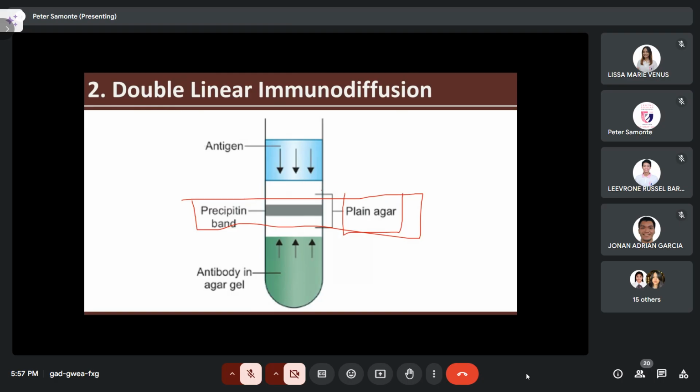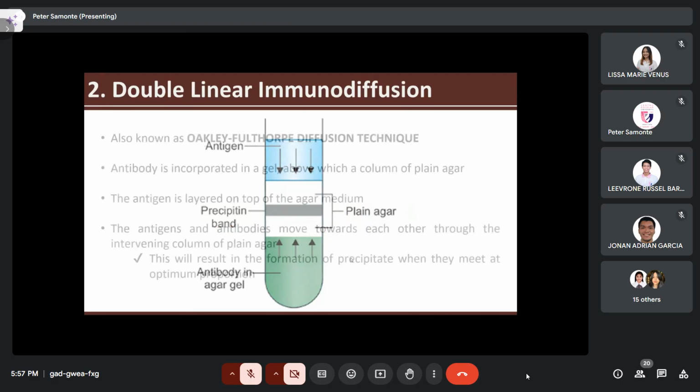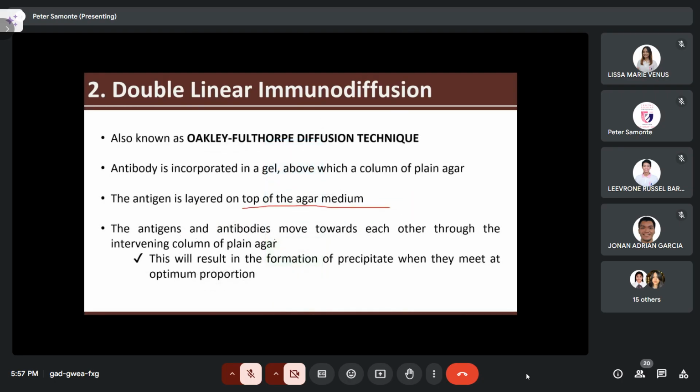In this case, class, both antigen and antibody were able to diffuse towards the middle in a horizontal direction, forming a horizontal precipitin band. The antigens and antibodies would move toward each other through the intervening column of plain agar. This will result in the formation of a precipitate when they meet at optimum proportion.